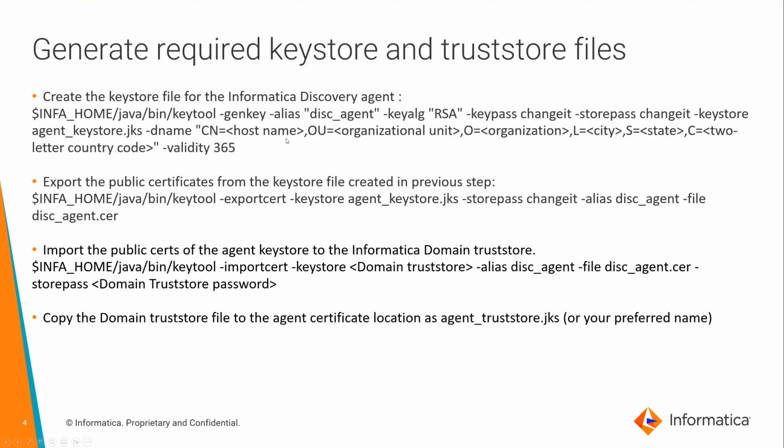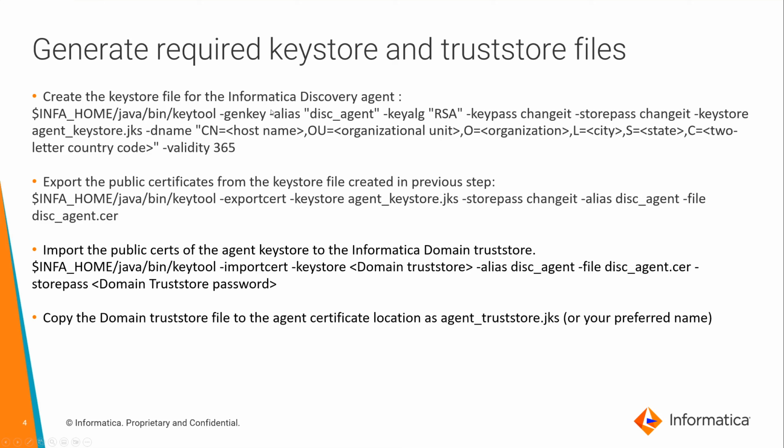So kindly run the hostname -f command on your node on which you are installing the Discovery Agent and use the output of that command as the hostname here. Organizational unit, organization, city, state, and country would be based on your organization.